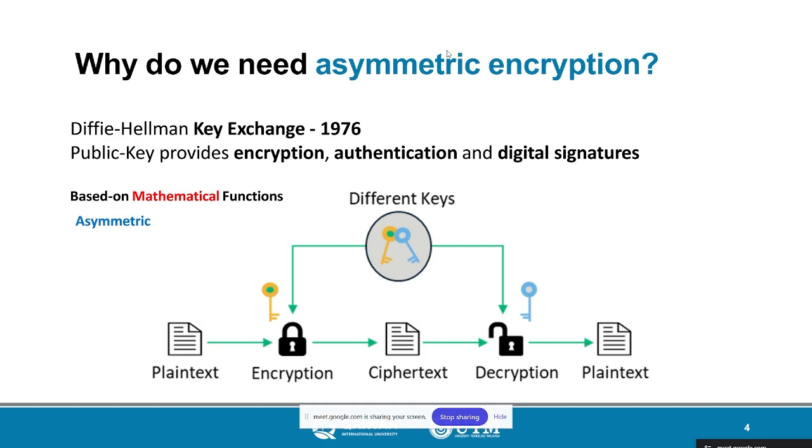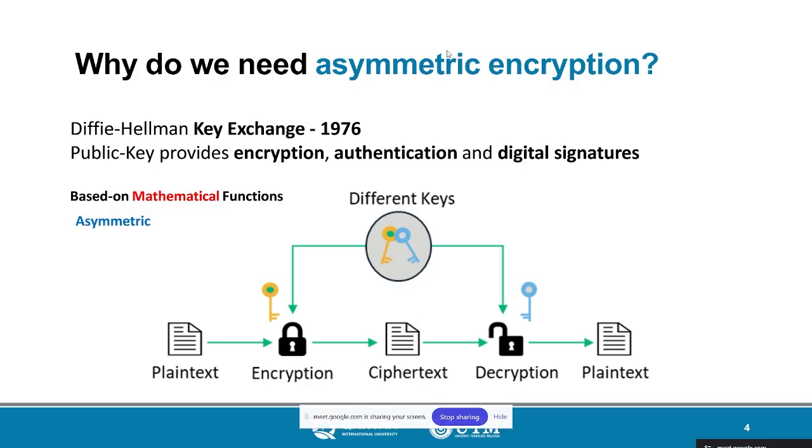Now, in Diffie-Hellman key exchange in 1976, he thought, what if we created two keys, one key only for encryption and one key only for decryption. That was the main idea of asymmetric encryption, the idea of two keys.